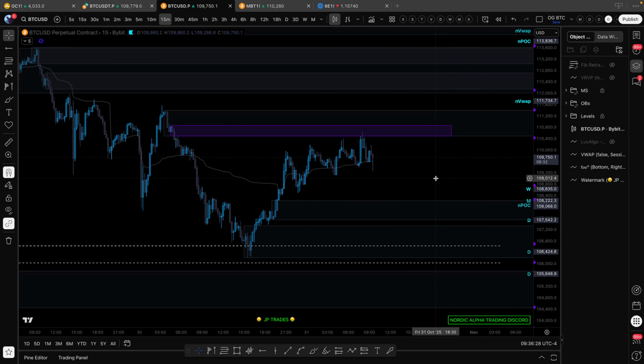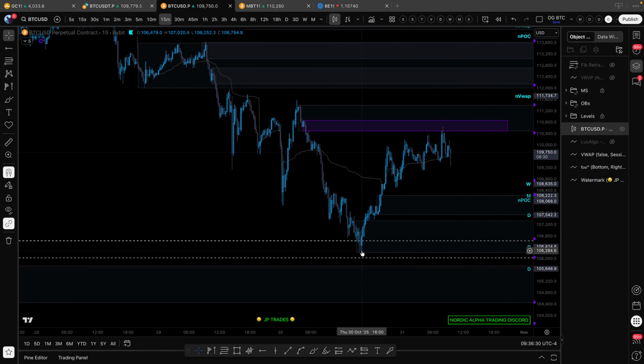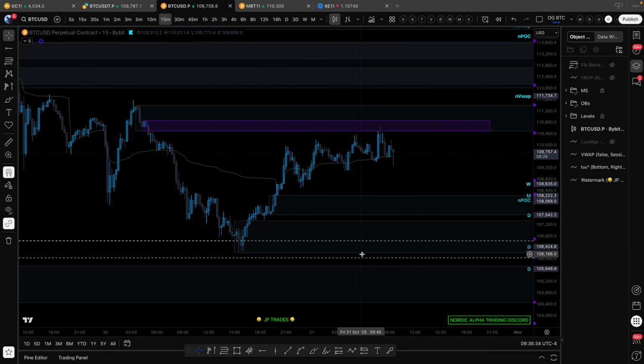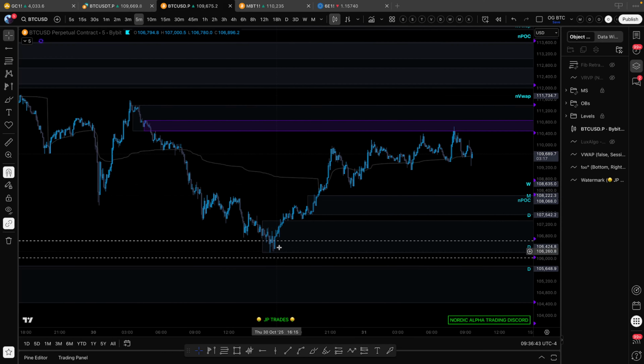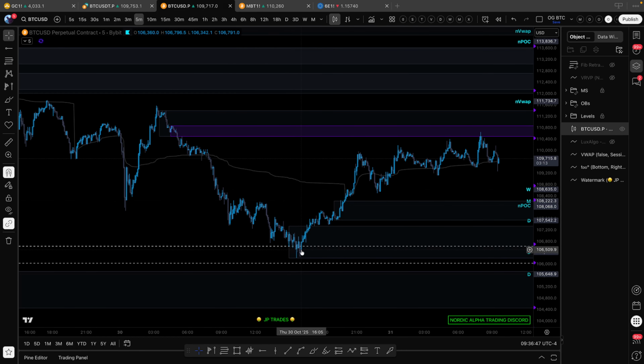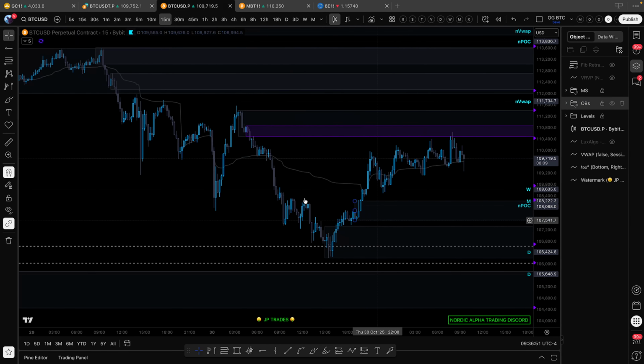So let's go back to this move here, because we were watching for this SFP to happen. And we did have nice structure coming into that zone, even though it was a higher time frame SFP. So you could have found your market structure shift here and then refined it for a nice entry.